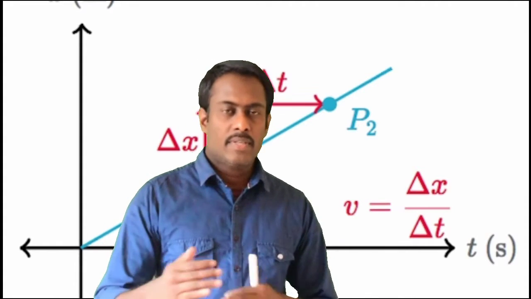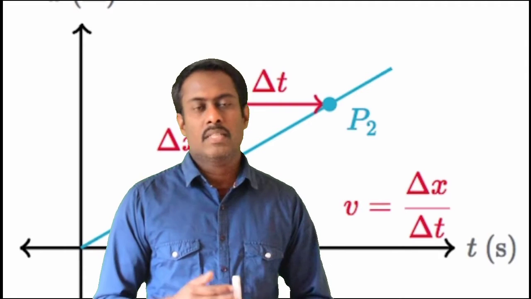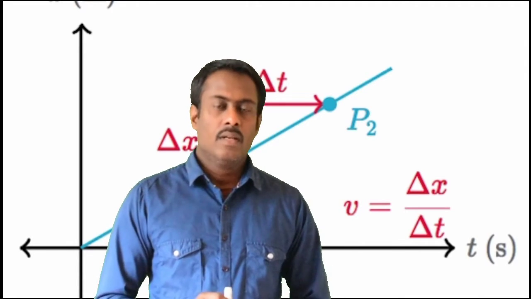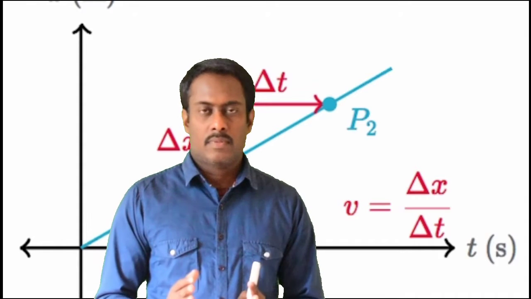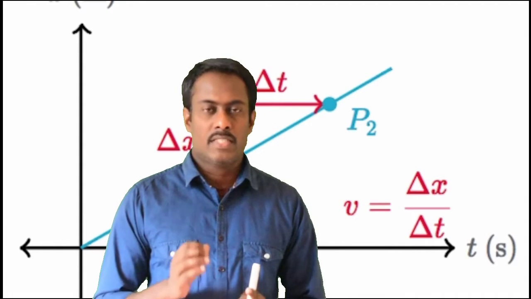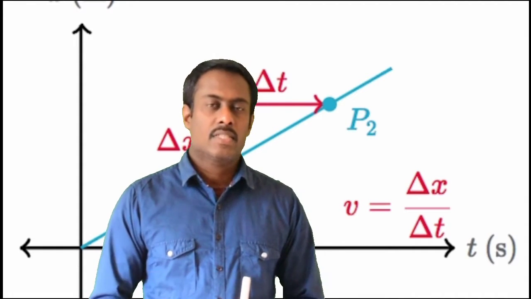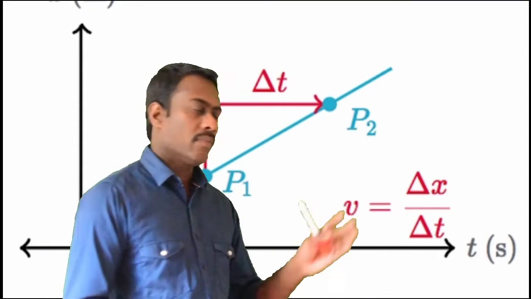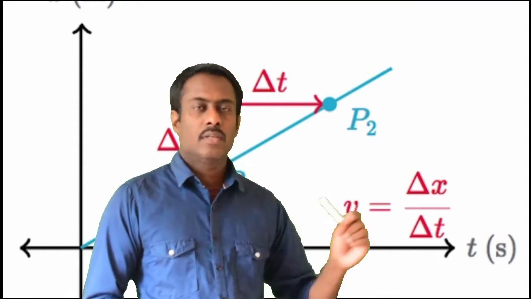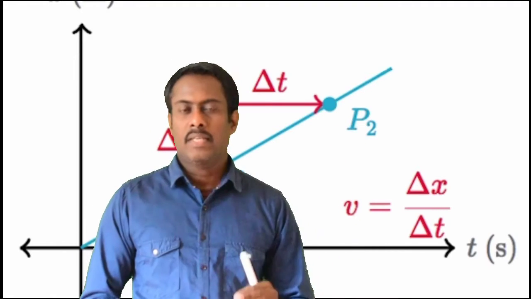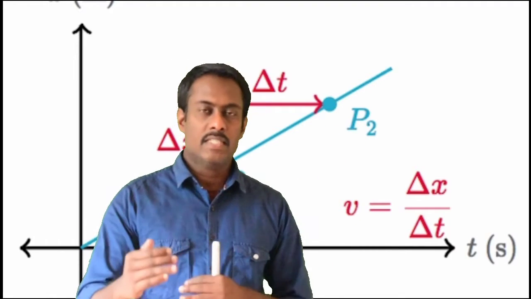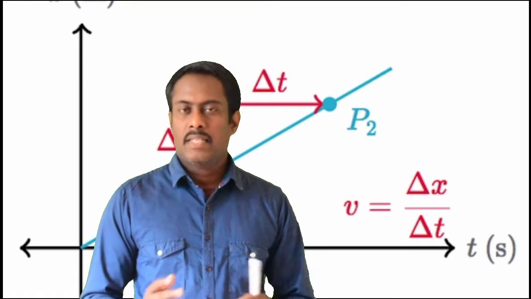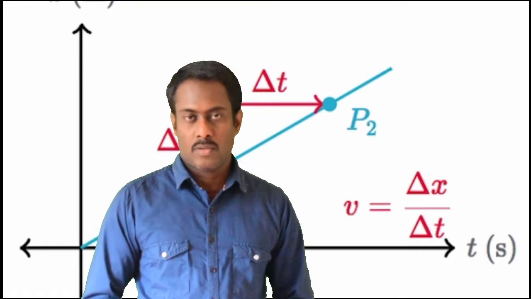Then the displacement between them will be x2 minus x1, and the time interval is t2 minus t1. So the velocity can be written as delta x divided by delta t, that is change in position divided by change in time, and that gives the velocity of that object.